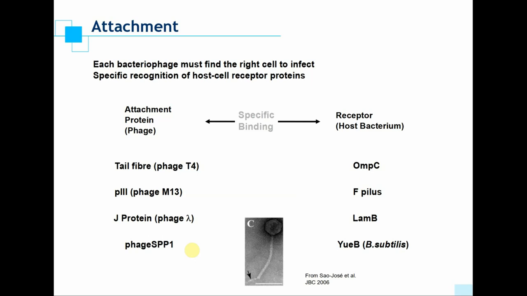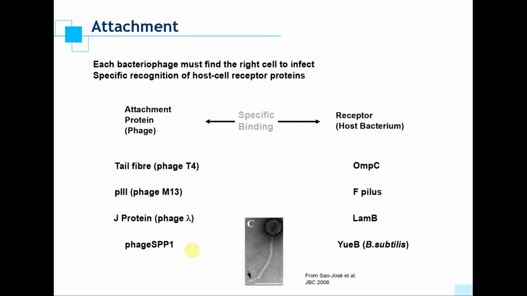Now, if the phage binds at the top end of the F pilus, that's going to be a problem for infecting the cell, right? Because here's your bacterium, here's your F pilus. If the phage binds up here, it's going to be no good, because it's got to get inside the cell somehow.